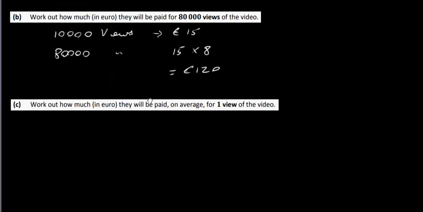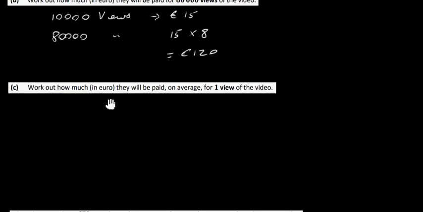Okay, next one then, work out how much in euros they will be paid on average for one view of the video. So we know that 10,000 views is equivalent to 15 euros. So they will be paid 15 euros.